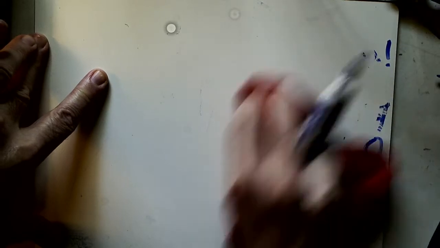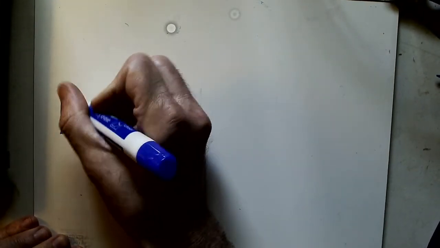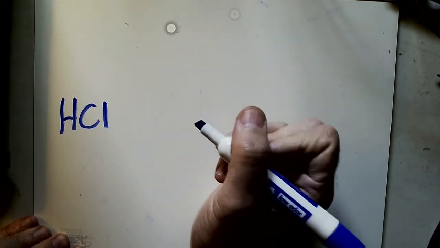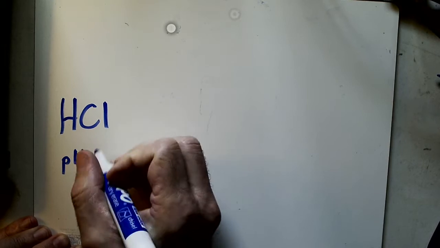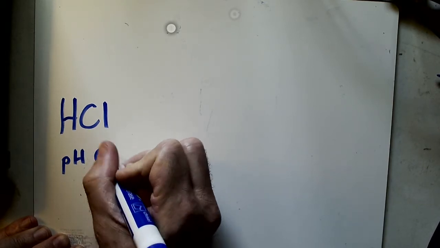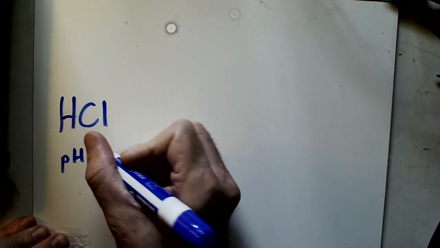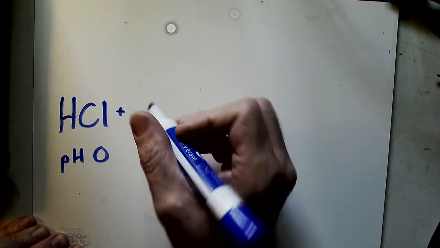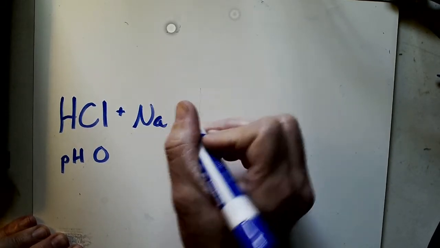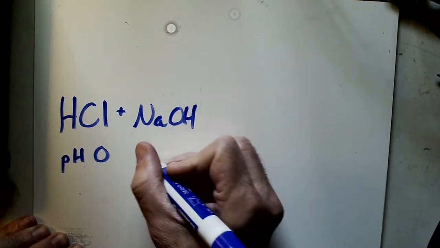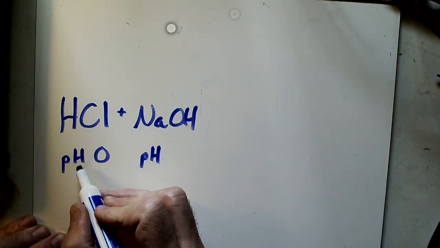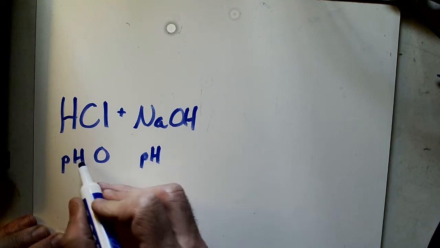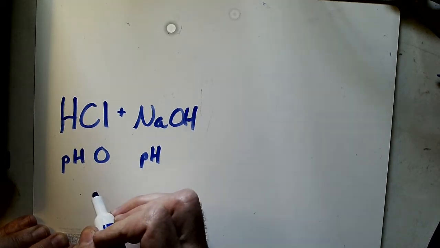So let's look at this real quick. I've got HCl, and let's say the pH of the HCl is 0. Really strong acid. Plus NaOH, with a pH of 14. pH actually means potential for hydrogen, potential for releasing a hydrogen ion.